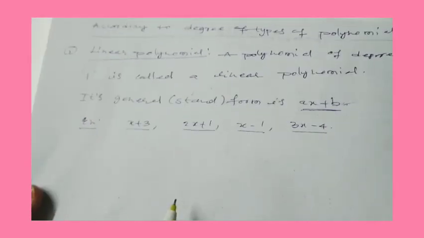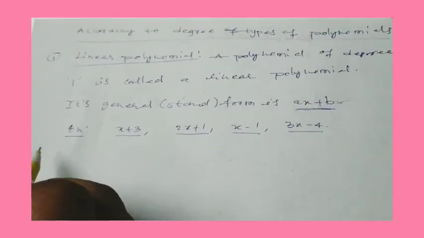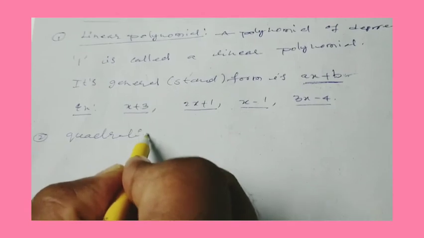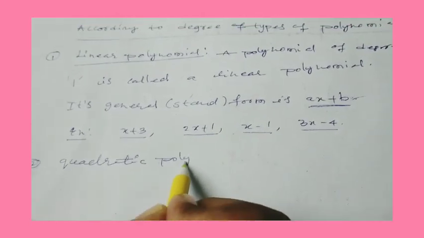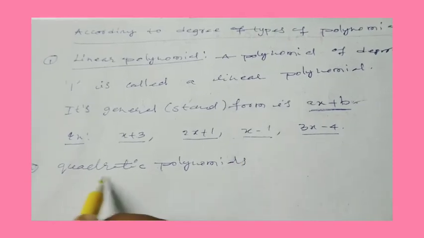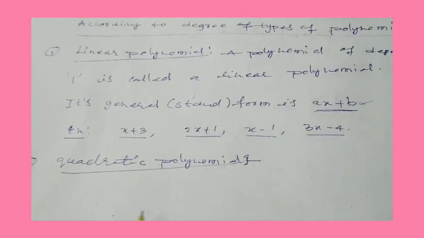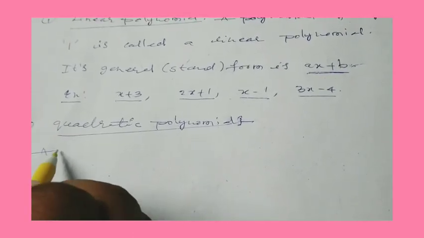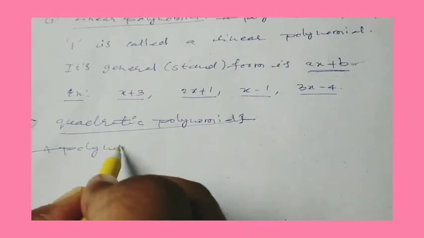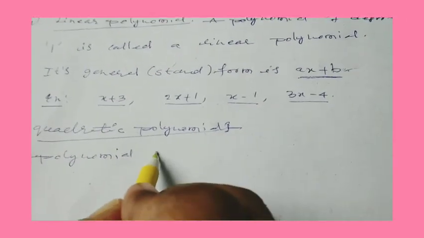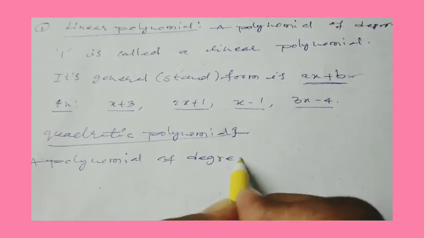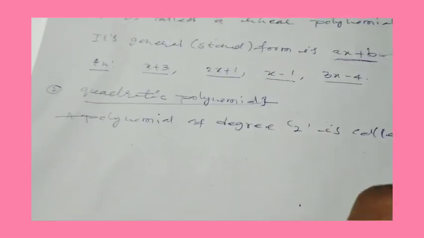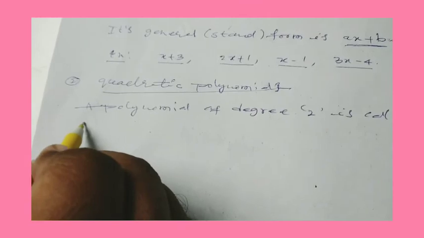This also should be remembered. Next, the second one is quadratic polynomials. A polynomial of degree 2 is called a quadratic polynomial.